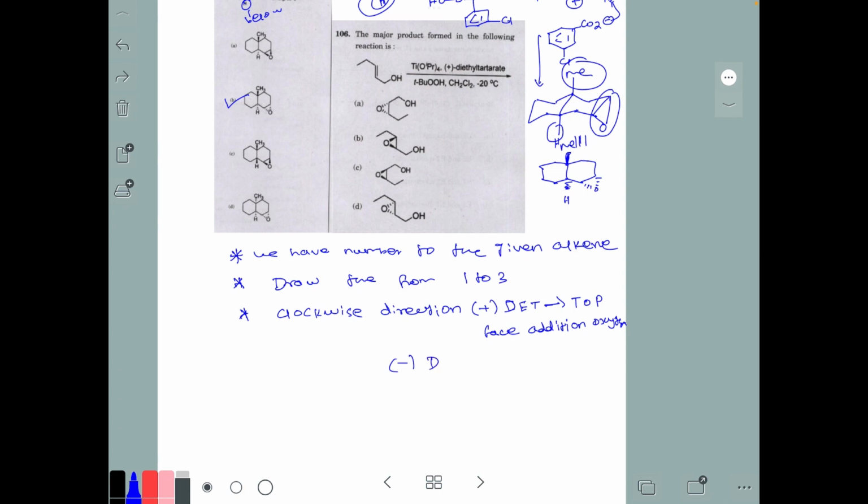Minus diethyl tartrate favors the oxygen addition from the bottom face.